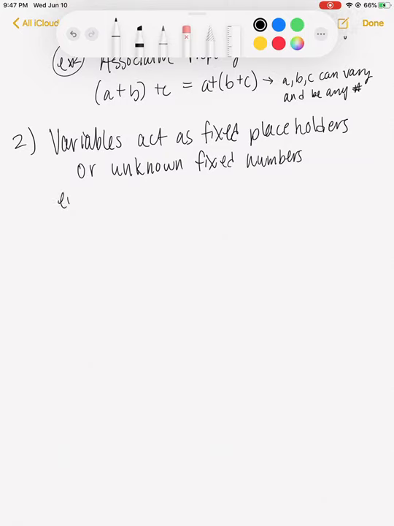For example, we can say that if we're given 5x plus 6 is equal to 21, x is not just any number. Let's go ahead and solve it and see. We subtract 6 from both sides, and that will go to 0. 21 minus 6 is 15. 5x is equal to 15, divide by 5.